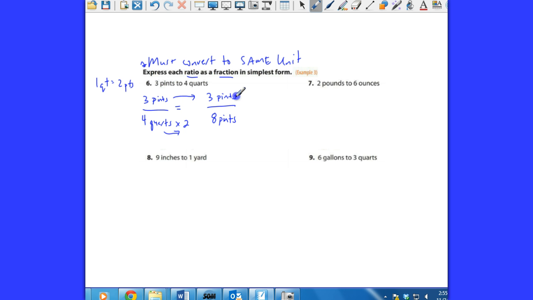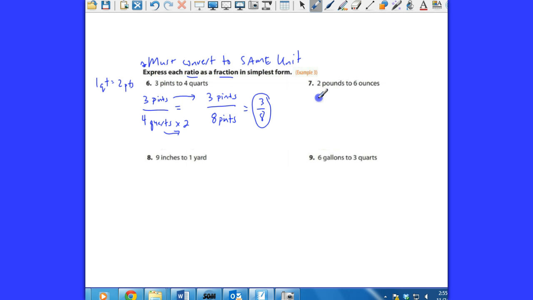So you have to make these match by converting one of those to one that matches here. Since I know 1 quart makes 2 pints, I just double the number of quarts. So the answer there is 3 out of 8. Ratios are about comparing two things using division. 3 pints to 4 quarts is the same thing as 3 pints to 8 pints. Okay, let's look at number 7.